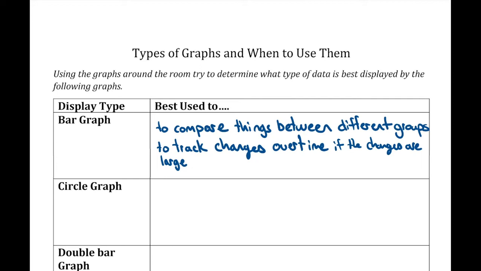As well, bar graphs are good, so we have 1, 2, 3, good for when the data is in categories.